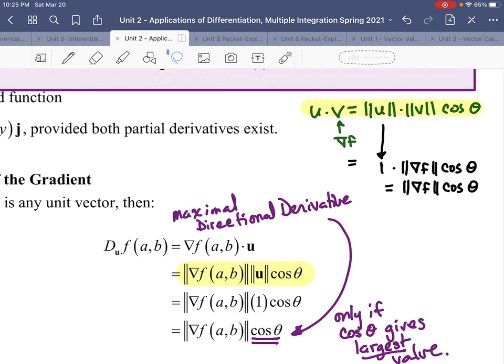so you multiply anything by 1, you're really just going to end up with whatever you started with. So what we're saying here is, as a result, we're talking about the gradient vector acting in the direction of the unit vector dependent on whatever the value is of that gradient vector, right?